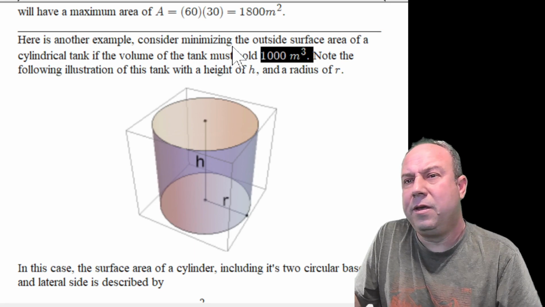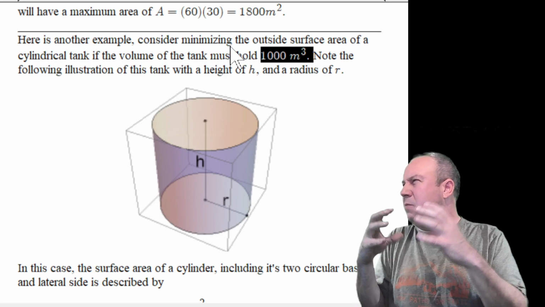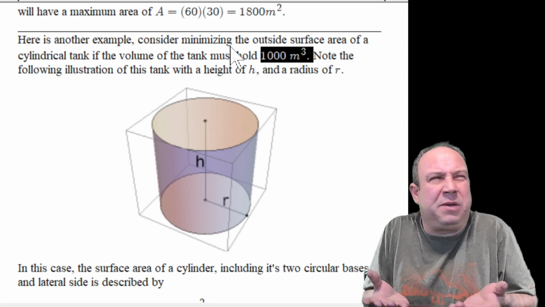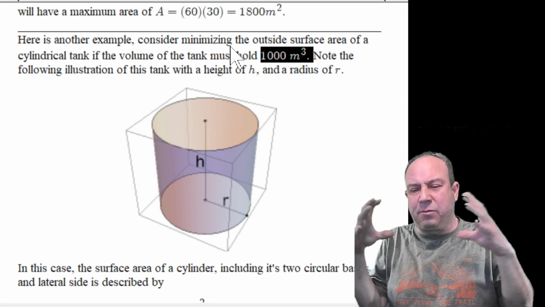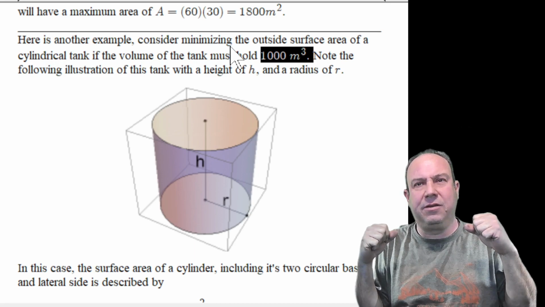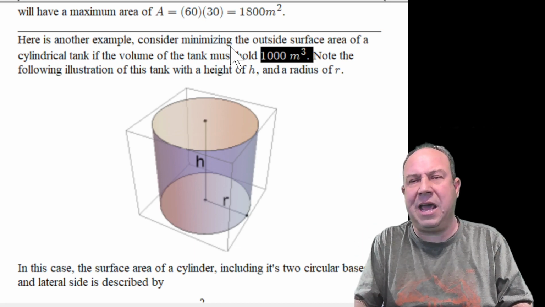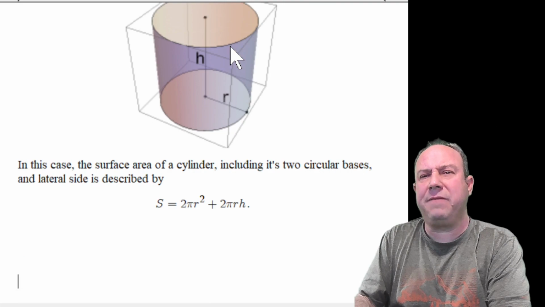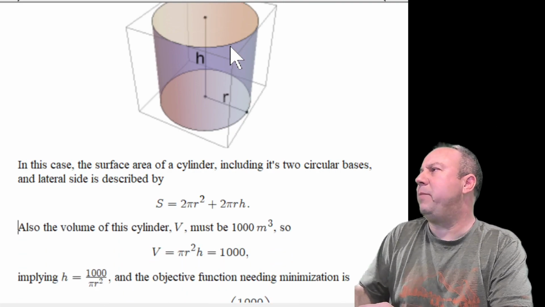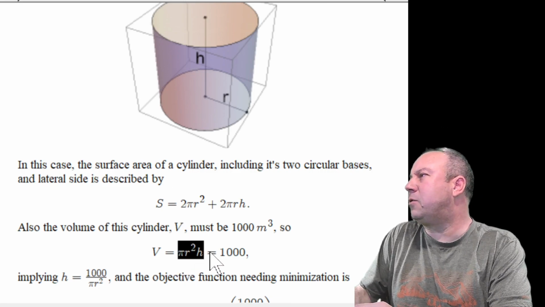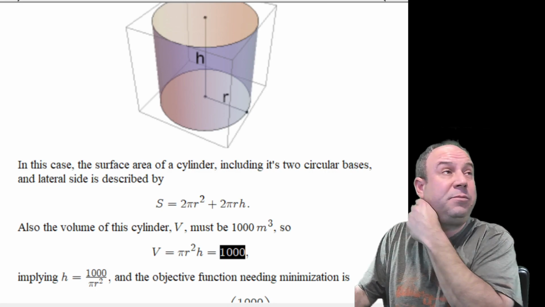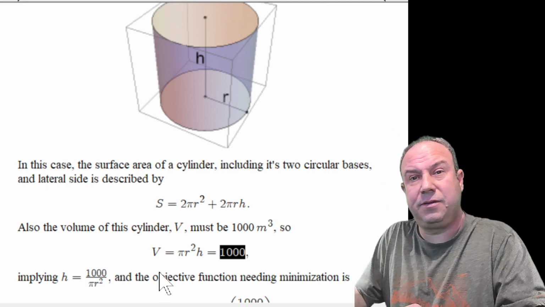All right. Otherwise, if we're trying to minimize the surface area, we just shrink it down to the point where it's really not going to be a tank at all. We have to have some constraint on how far we're actually physically allowed to shrink it down, and that is given by the volume of the tank. So if we think about volume, notice volume of a cylinder is the area of the base times the height. That's pi r squared times h, and that is subject to the constraint that it has to be equal to 1,000 cubic meters.